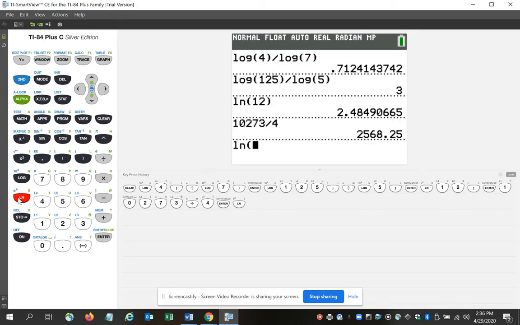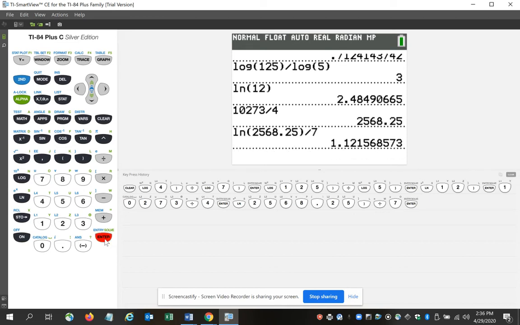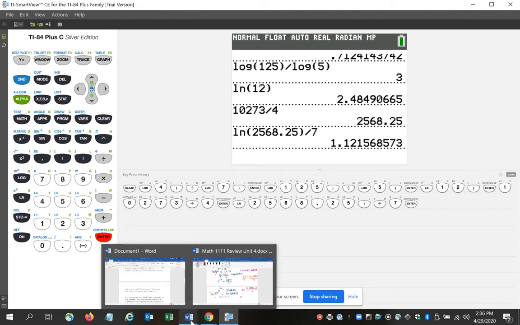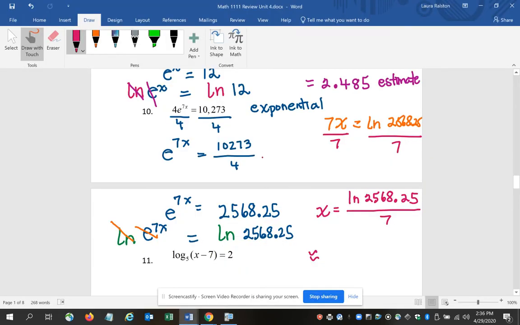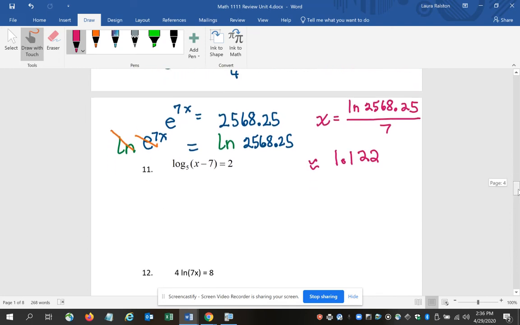Natural log of 2,568.25, close the parentheses, and divide by 7. And I get 1.122 if we round to 3 places.